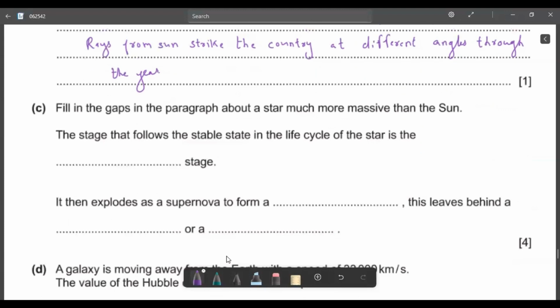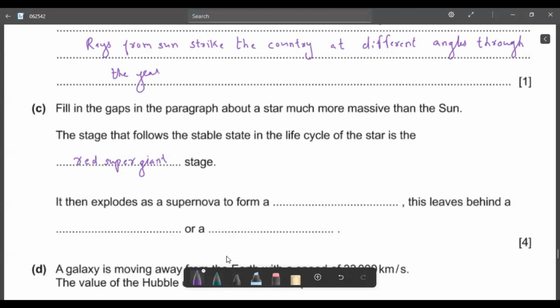Fill the gaps in the paragraph about a star much more massive than the sun. The stage that follows the stable state in the life cycle of a star is the red supergiant stage.